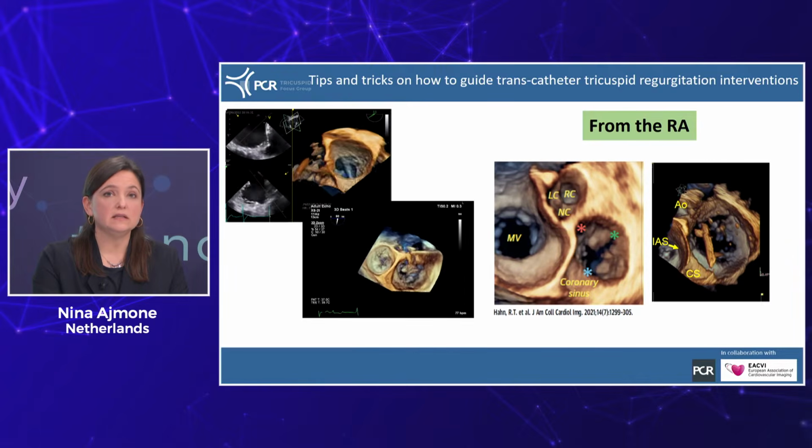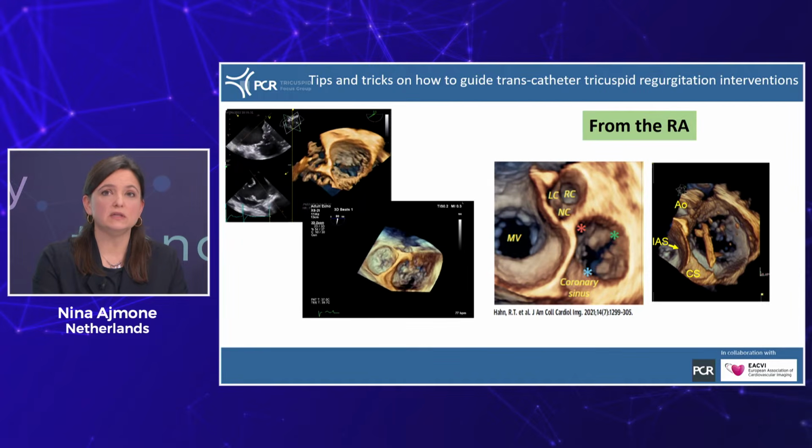And finally is the 3D that, as Denise already showed you, has become really crucial in this procedure. You can have an overview, especially if you keep the landmarks of the other structures. And you can see in this nice representation, when you see the mitral valve, you can identify very easily the septal leaflet of the tricuspid. And when you see the coronary sinus, you will have the posterior at that side, and the other opposed is the anterior.